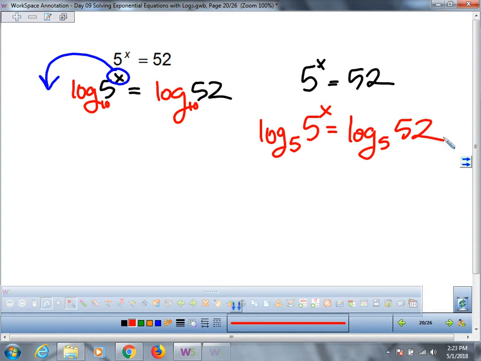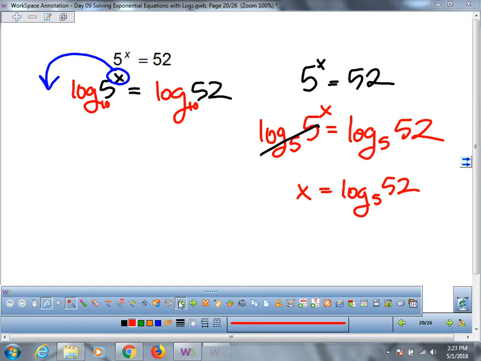I could have been very strategic about what I logged both sides by. Could I have done that? I could. Why would I do that? That cancels. So now I have x equals log base 5 of 52. But most of your calculators won't do that, but there is another thing you can do with this. I just didn't know if anybody saw it or not.